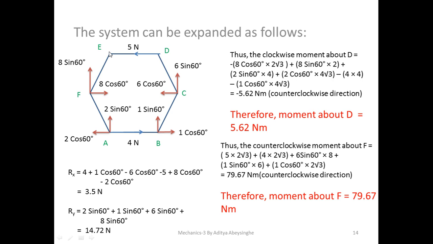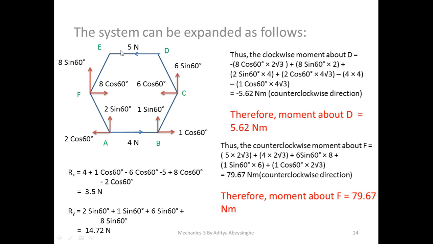And this 4 times 2 root 3, this force, is also making a counterclockwise or anticlockwise moment around point F, so that's also positive. This 6 sin 60 is moving in this direction around this.